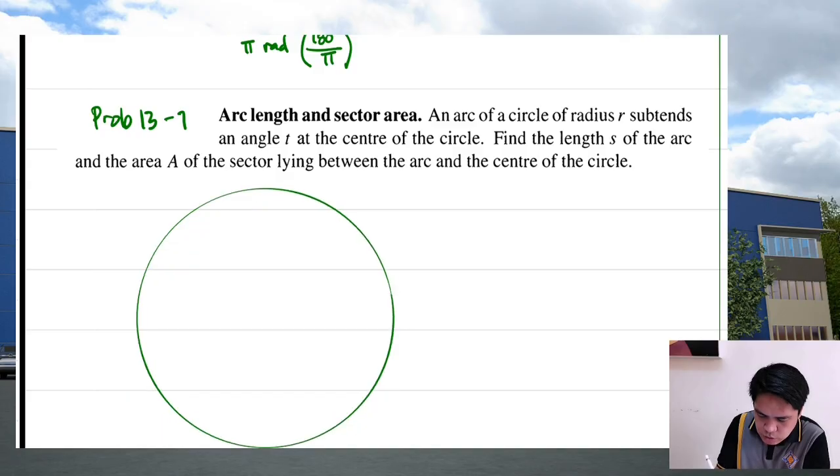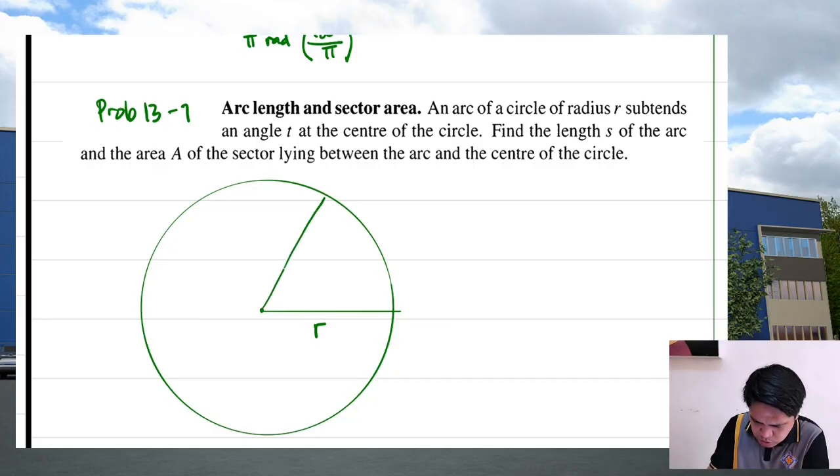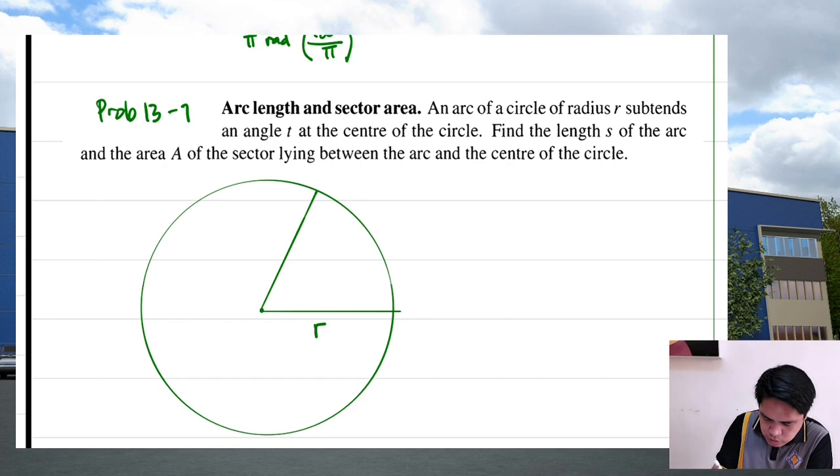So we have a circle with the center here. Tapos anong sabi? An arc of a circle of radius r, so yung radius niya is r. So this is r. Subtends an angle t. So suppose this is the subtended angle t.